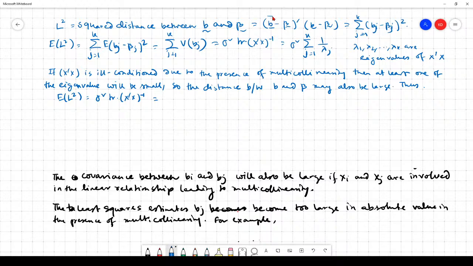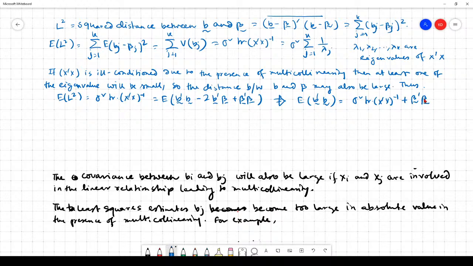If you simplify the expansion, expectation of b curl prime b curl equals sigma square trace of X prime X inverse plus beta curl prime beta curl.